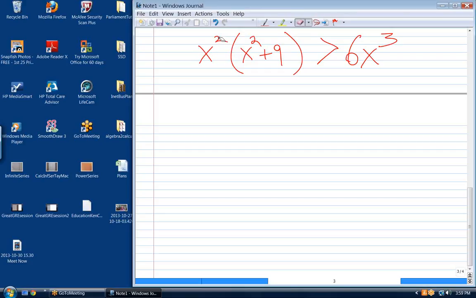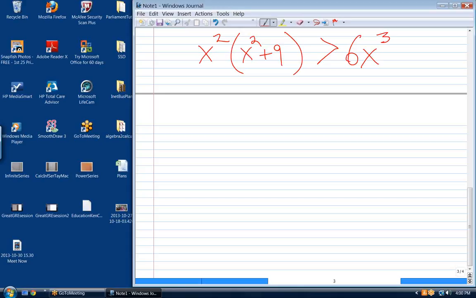If it was x, I could not divide both sides by x, because I don't know if x is positive or negative, and it would cause me to have to turn this inequality around depending on whether it's positive or negative. So I can't do that. That's not the way to solve an equation either, but it's definitely not the way to solve an inequality.